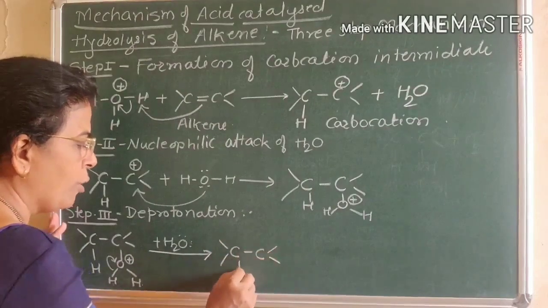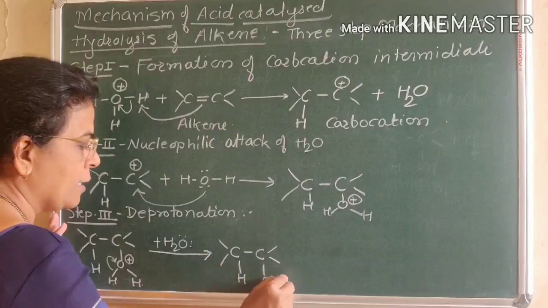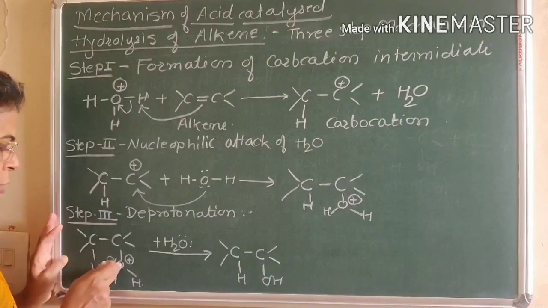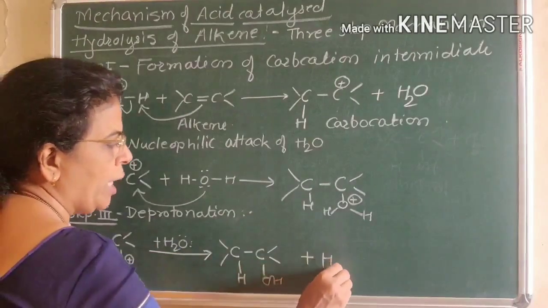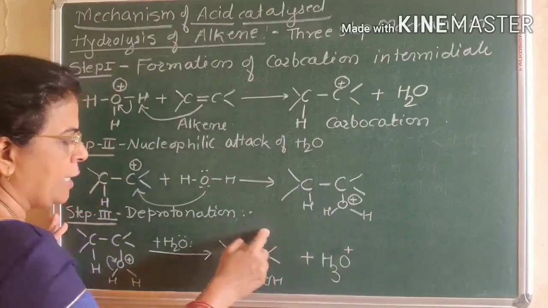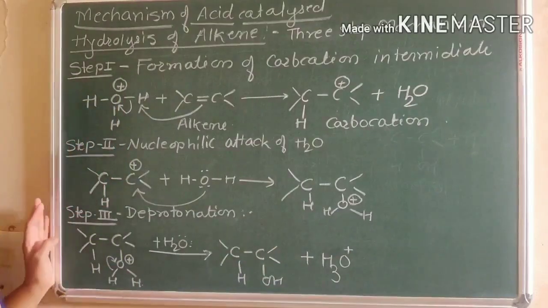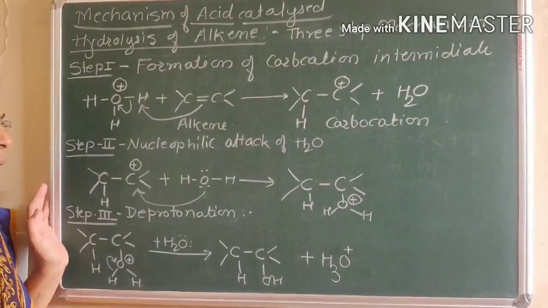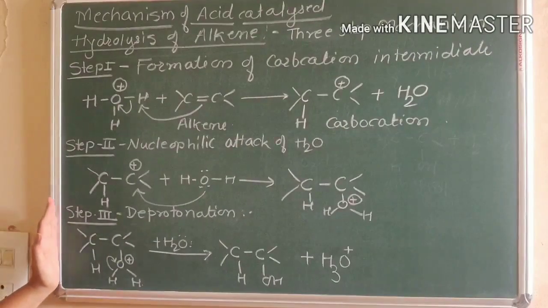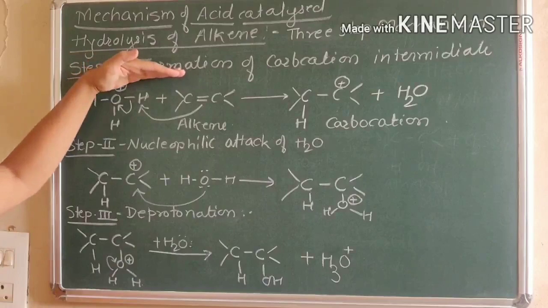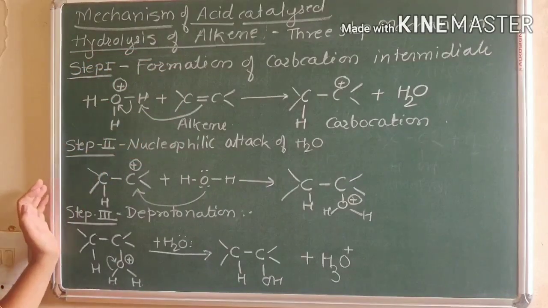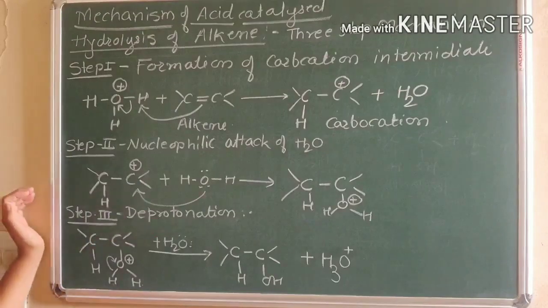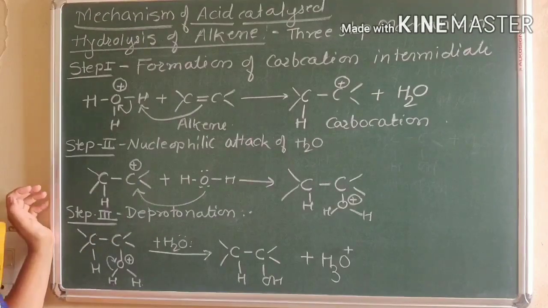Deprotonation means removal of H plus ion, and the alcohol is formed. That is, this hydrogen is separated from this oxygen as H plus ion. It gets attached to this H2O to form H3O plus, and this is the alcohol. Formation of alcohol takes place. This is a 3-step mechanism. The first step is formation of carbocation. The second step is nucleophilic attack of H2O, and the third step is deprotonation to form alcohol.